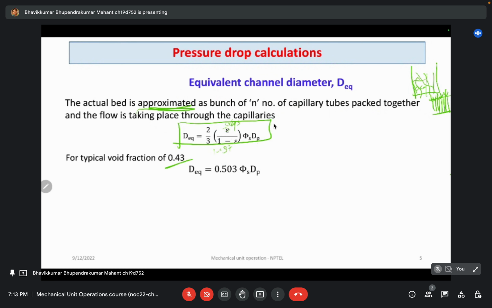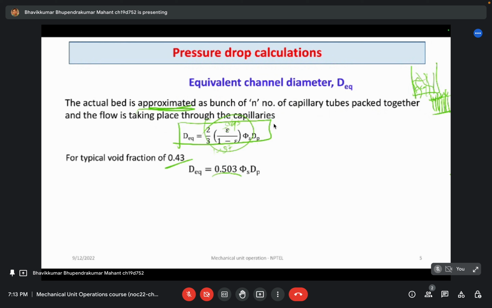Then you calculate this mathematical part, and you will get 0.503 phi s into dp for a typical void fraction of 0.43. In general calculations we consider void fractions between 0.4 to 0.45 or 0.46, and that is commonly available in real-world situations.